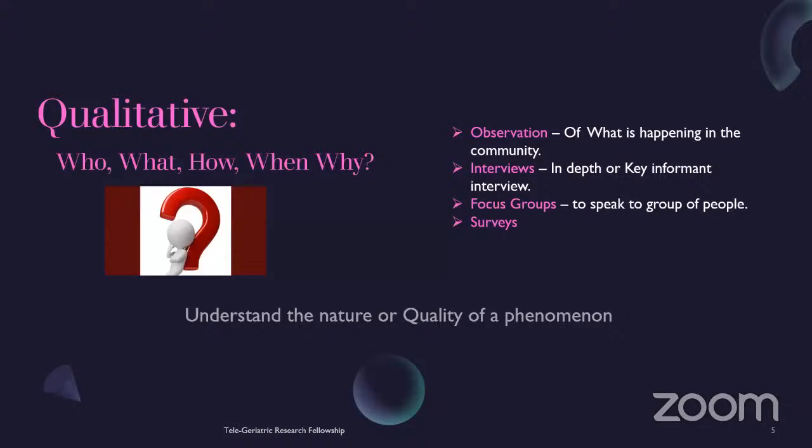We are going to ask them a lot of questions and get answers. Moving on to focus groups, we are going to talk to a group of people. We choose a group of people where there is something in common. Or we can even conduct surveys. This is for qualitative research.